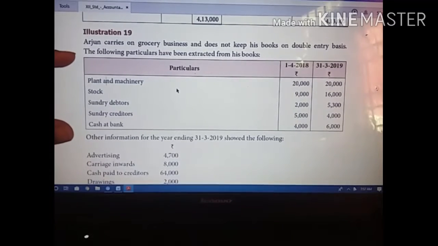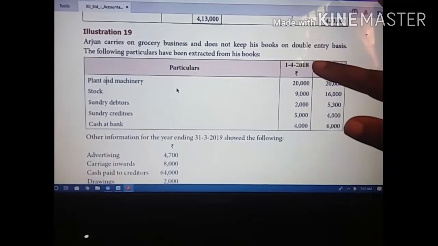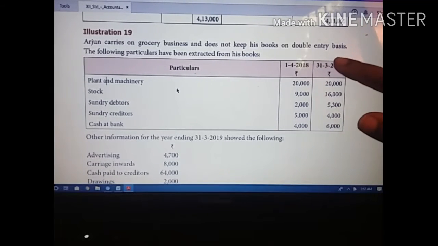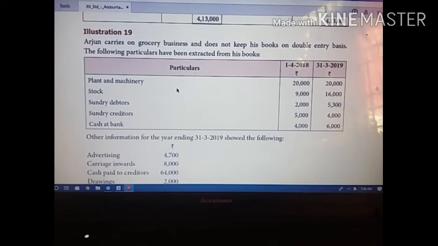They are given separately for 1/4/2018 and 31/3/2019. They start their business on 1/4/2018 and their accounts are closed on 31st March 2019. So 1/4/2018 is the opening information and 31/3/2019 is the closing information.